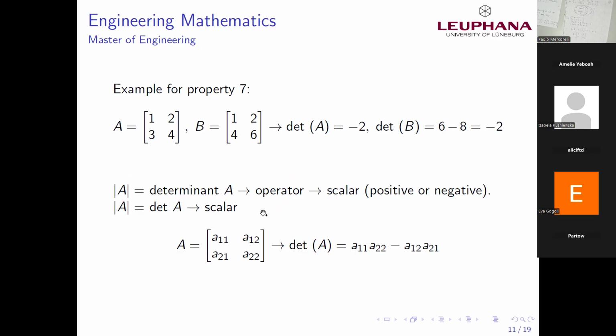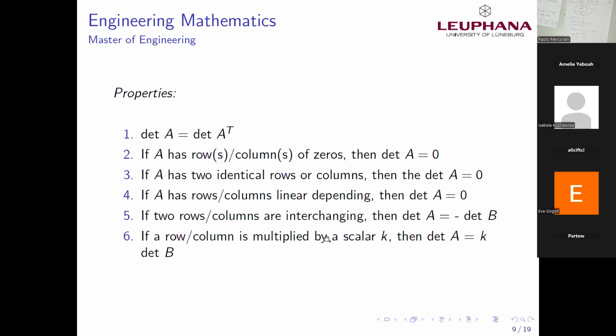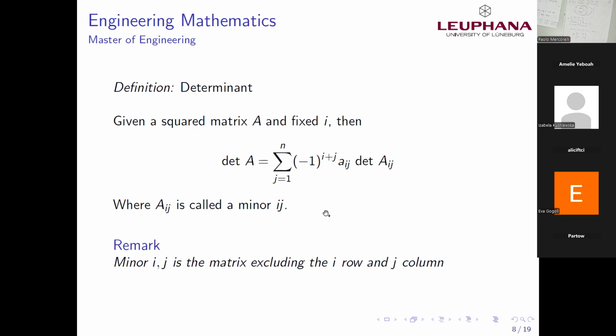This means I have to exclude this row and this column. I told you very quickly that the determinant of a scalar is the scalar itself. Therefore, this definition is written a little bit quickly, since I have to define the determinant of a scalar as the scalar itself.